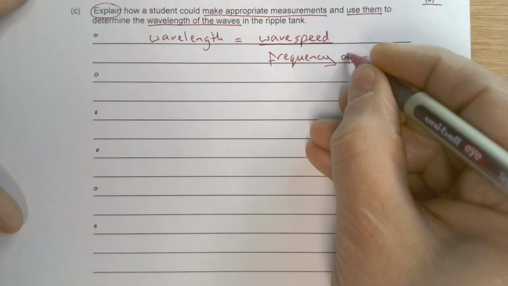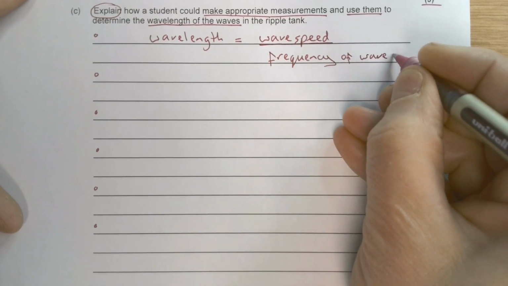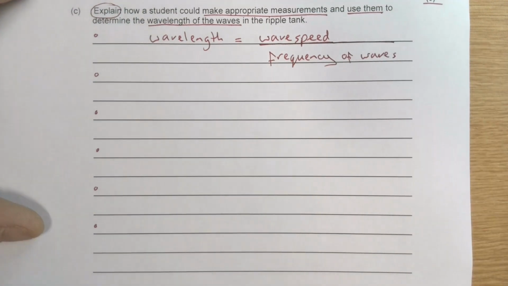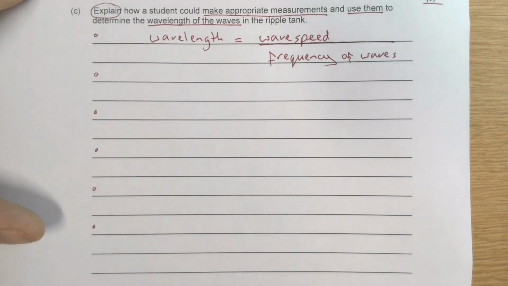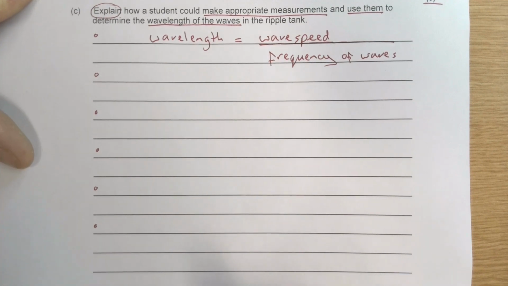Okay, so frequency of waves. So knowing that, if you can find the wave speed and the frequency of waves, you can calculate the wavelength.